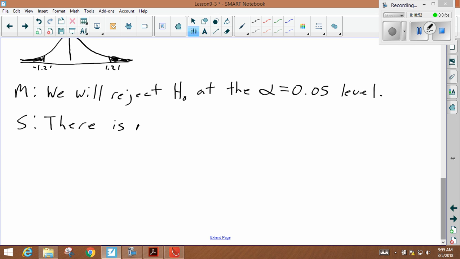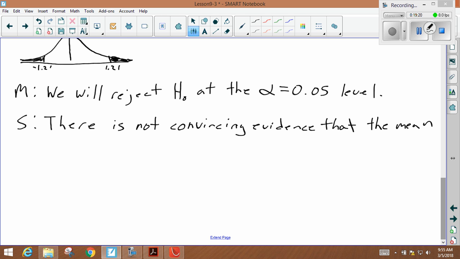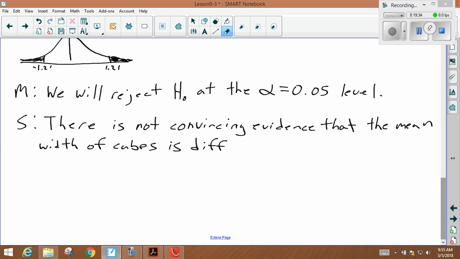There is not convincing evidence that the mean width of the ice cubes is different. Boom.